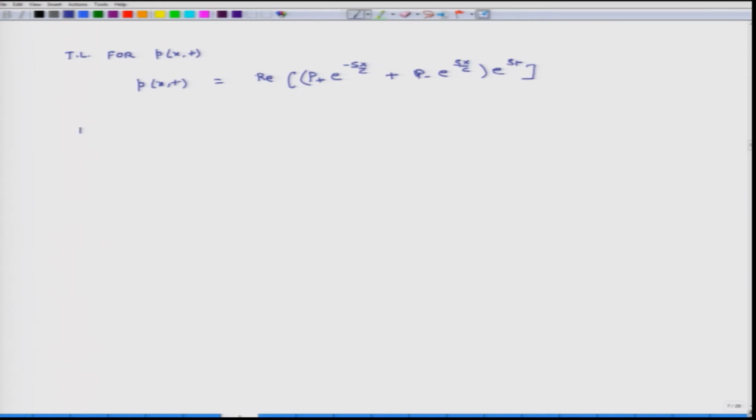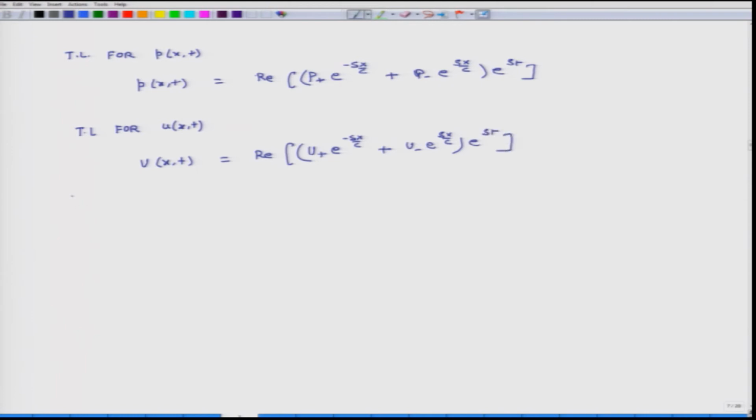And the transmission line equation for velocity is u of x, t equals real of (u plus e to the power of minus s x over c plus u minus e to the power of s x over c) times e to the power of s t.